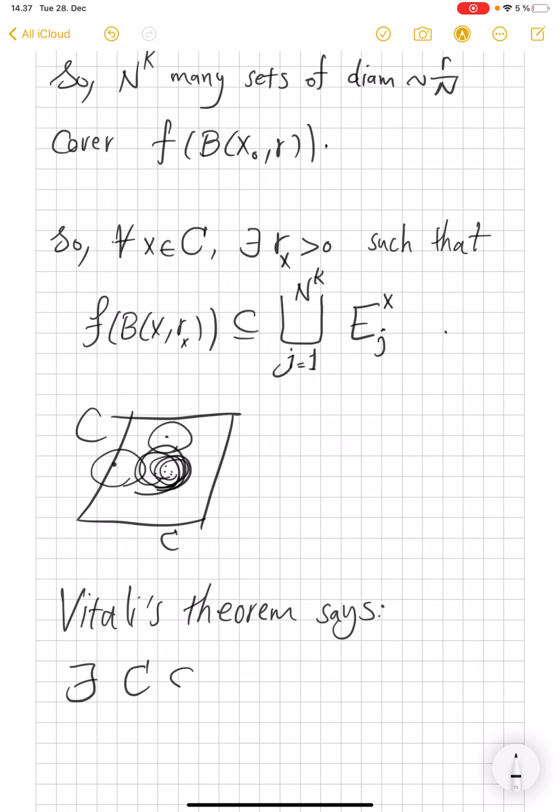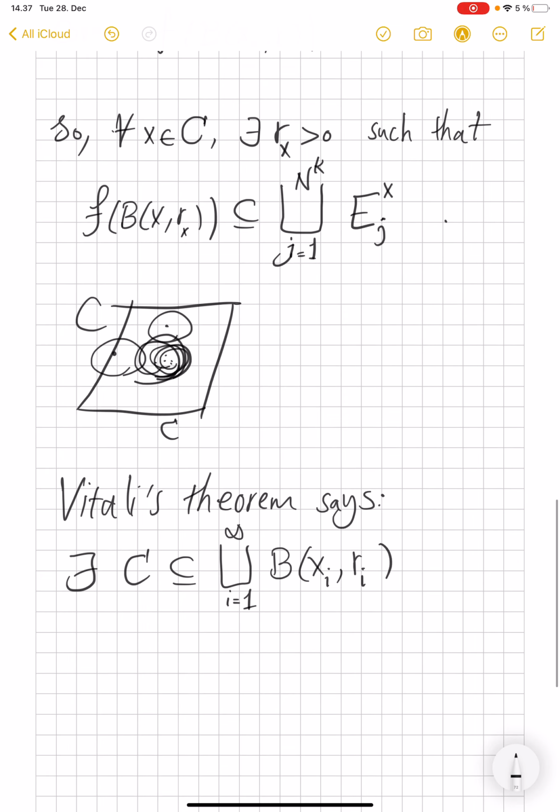So the critical set is contained in the union over i equal 1 to infinity of balls B(x_i, r_i). I don't write r_{x_i} just for shorter notation. And such that the balls B(x_i, r_i/5), this collection, are disjoint.